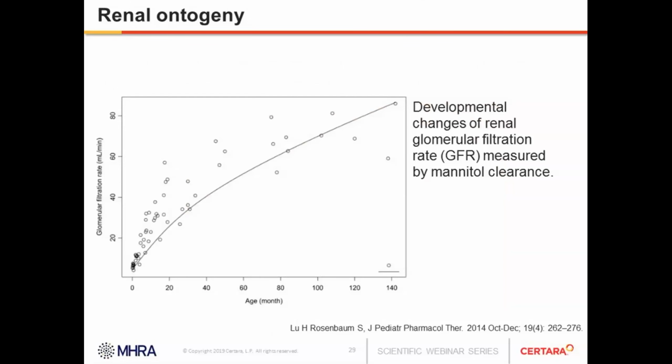So here's the graphic that's shown in the Modelling and Simulation Working Party's example. This is just showing glomerular filtration rate, or GFR, measured across approximately 10 years, and you can see it changing over that course of 10 years in pediatrics.